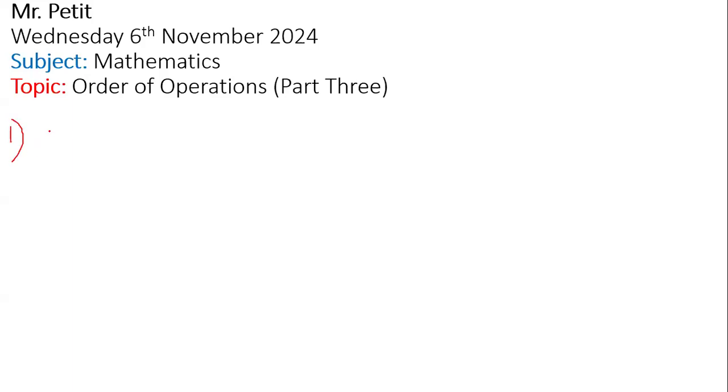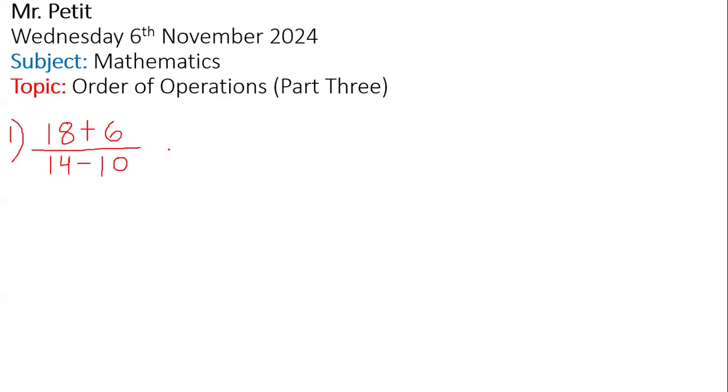Let's say you have 18 plus 6, divided by, or all over, 14 minus 10. Again, the goal is to simplify.